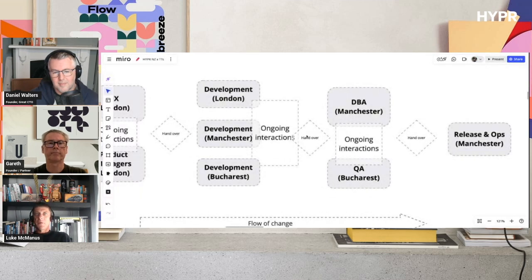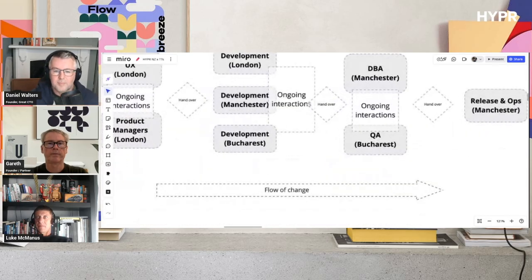When they're done with the development, they have to then transfer that context over to this group of people. There's a DBA team over in Manchester, and then there's some QA guys over in Bucharest. These guys need to work together, and probably these guys need to work together a little bit, as well as handover.